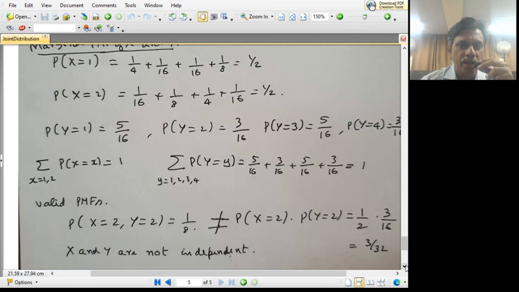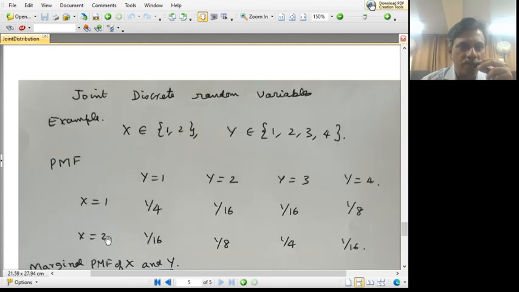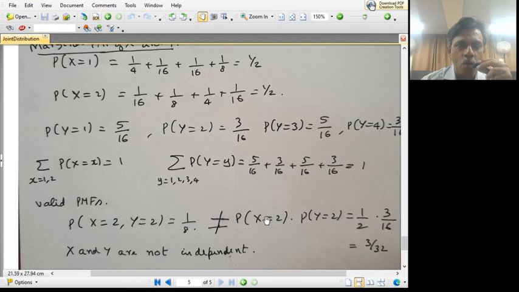Then, whether they are dependent or independent: for that we will evaluate probability that X equal to 2 comma Y equal to 2, and you can see from this that it is equal to 1 by 8. And what is the product of probability X equal to 2 and probability Y equal to 2? Probability of X equal to 2 is 1 by 2 and Y equal to 2 is 3 by 16.